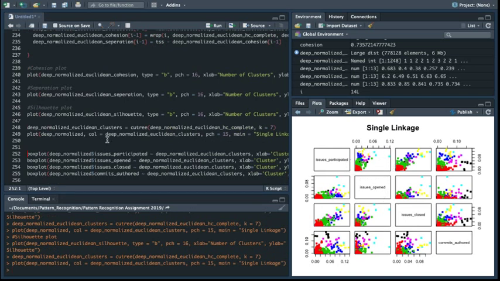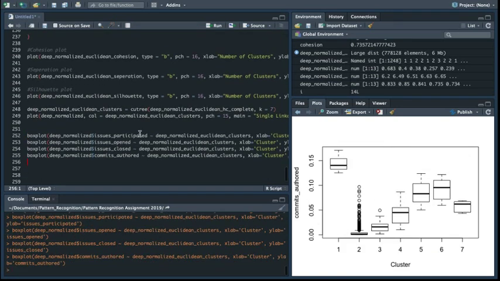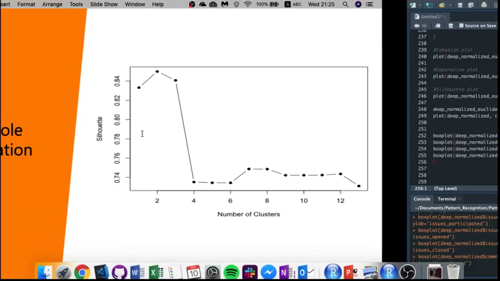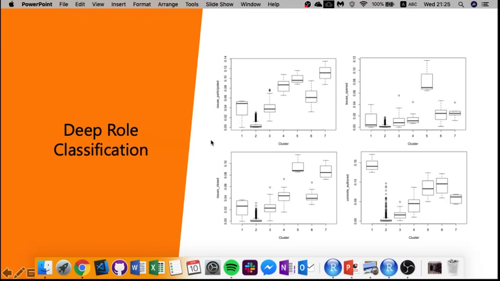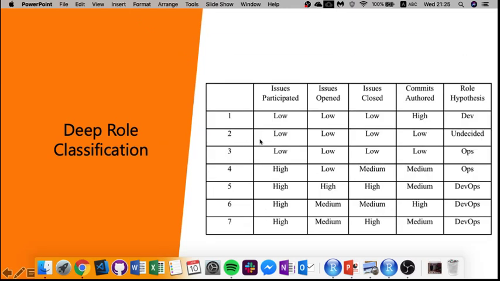And here is again the data, the box plots, and here we have them all together. And again, for these box plots, we classified once again, and we found once again that the second cluster was undecided.